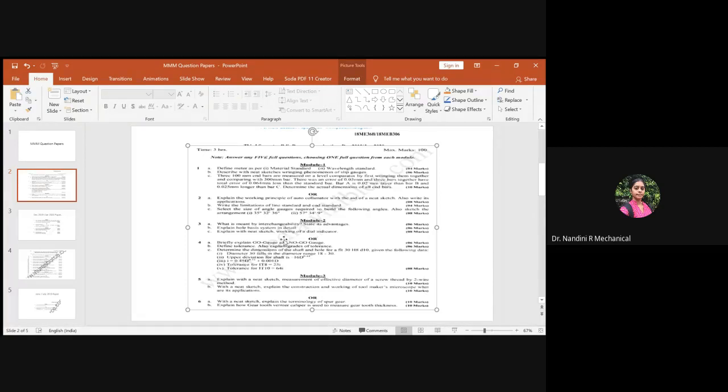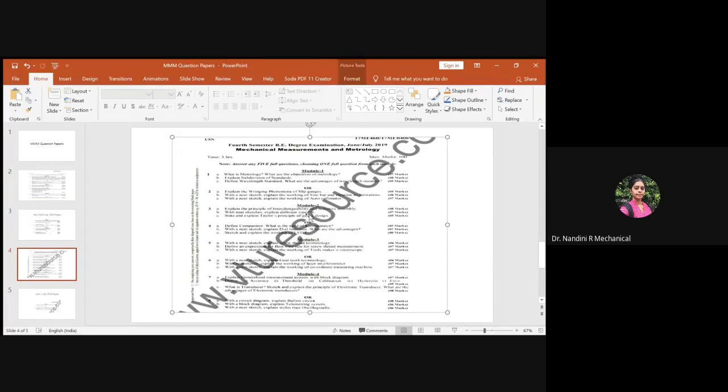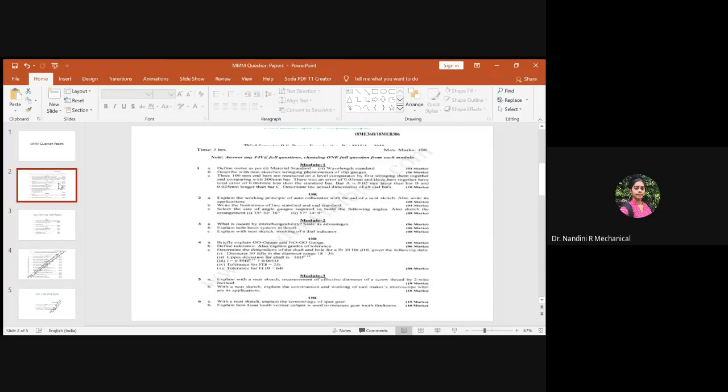So this is how the pattern for module 2 looks, and in the last-to-last year paper also. If we look at module 2, they have again asked you the principle of interchangeability and selective assembly. Previously it was only interchangeability, given for 6 marks to list out the advantages also.